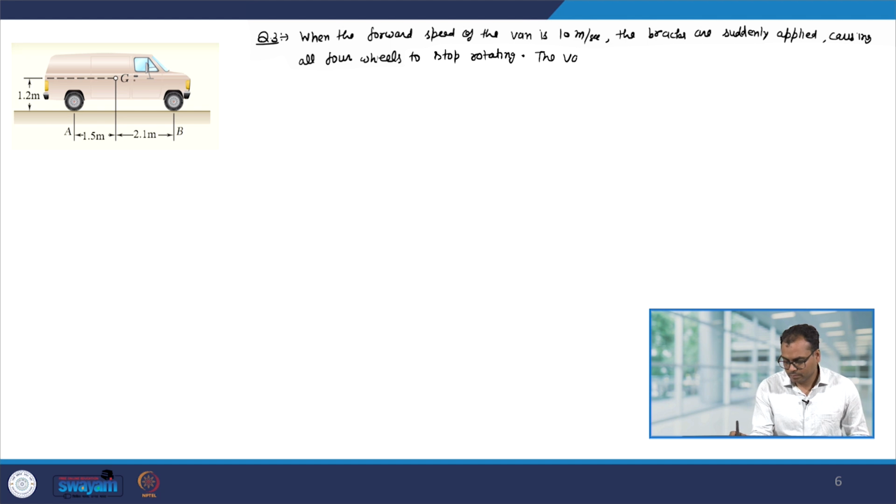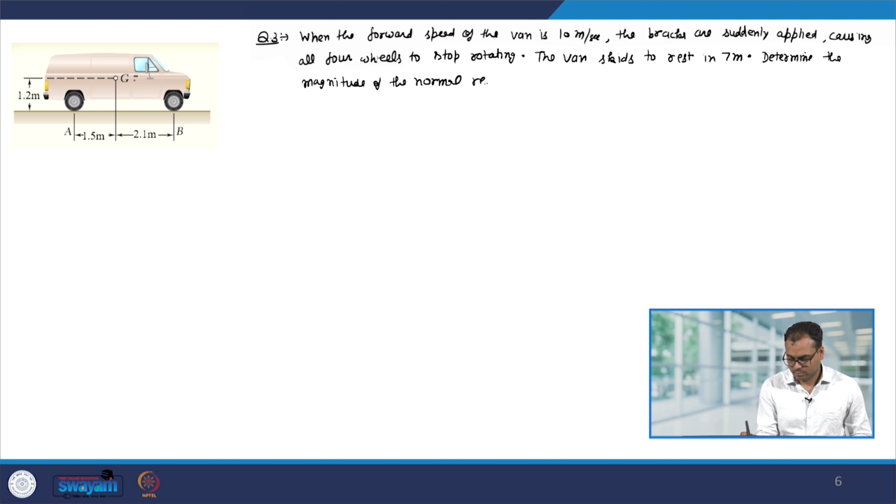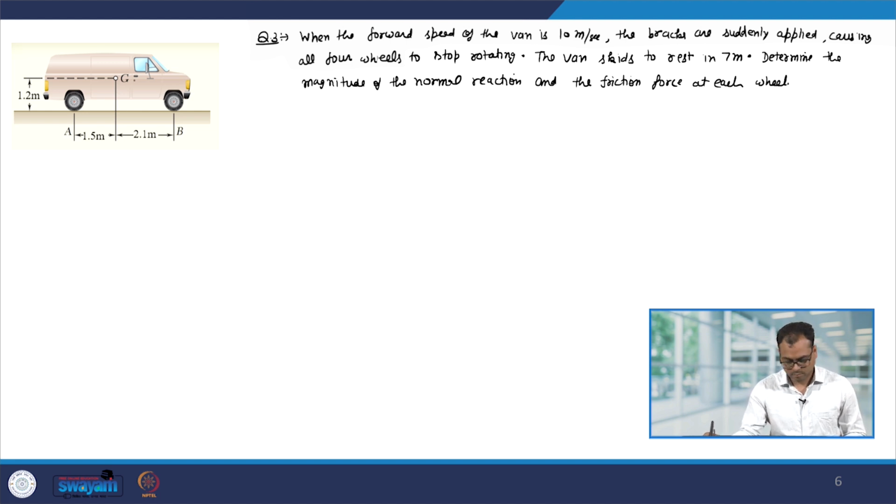The van skids to rest in 7 meter. Determine the magnitude of the normal reaction and the friction force at each wheel as the van skids to rest.